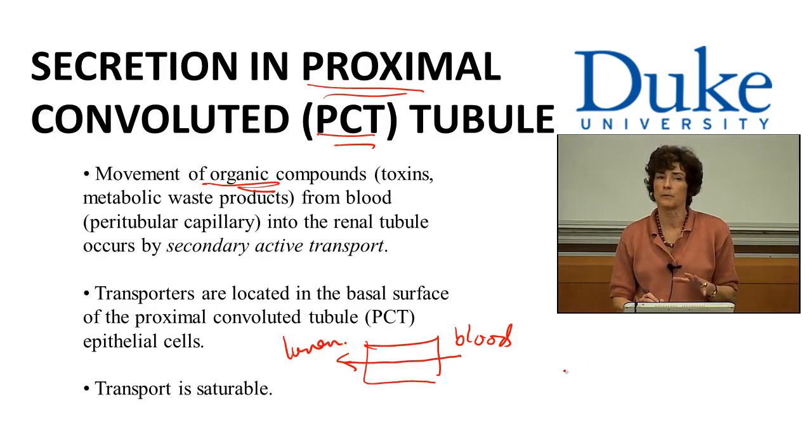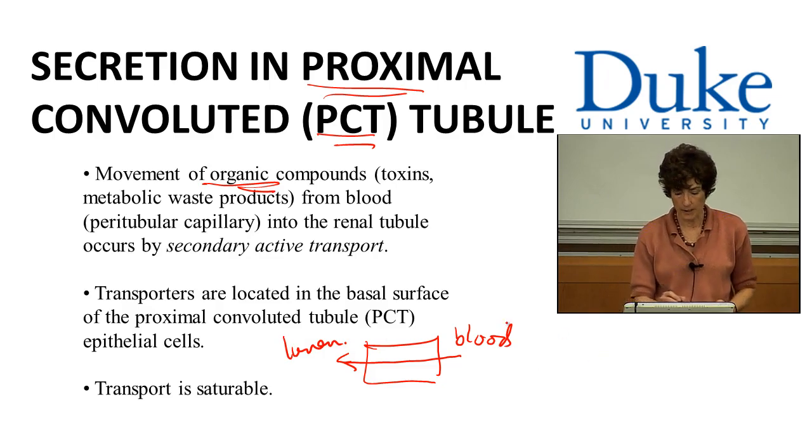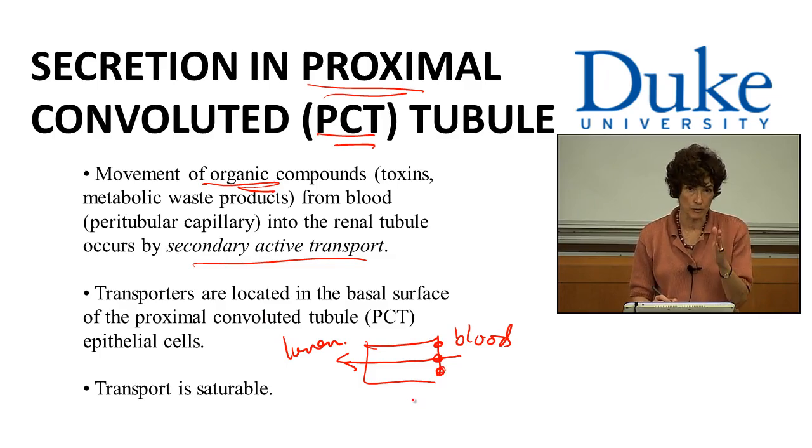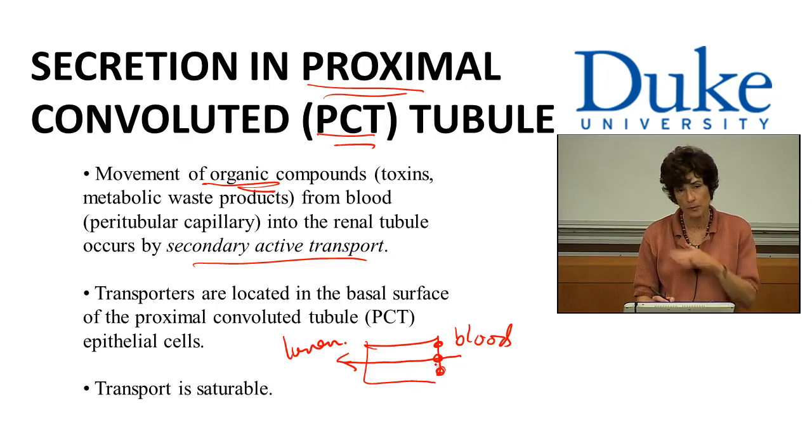This, again, we're going to be using secondary active transport as our means for moving this material. And the transporters, which are located here on the basal surface of the cells, are absent from the luminal surfaces of the cells. So the transport is unidirectional, and again, transport is going to be saturable because we have a finite number of transporters located within this region.